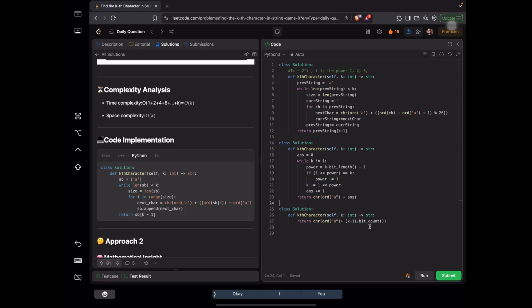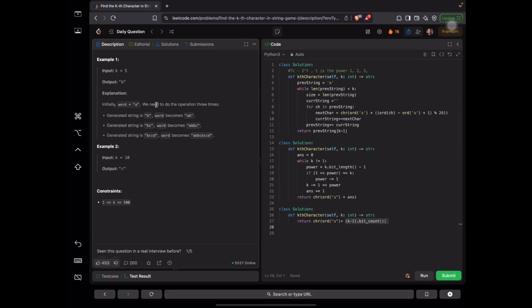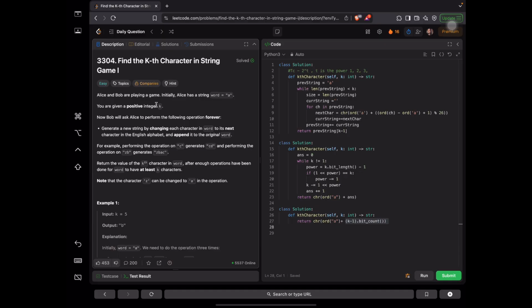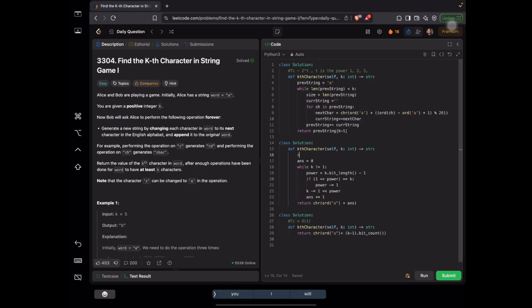I explained that at the end this will be the very optimal solution. We are just taking the bit count to generate the string. So this time complexity will be order of 1. The other time complexity will be log of k, as I told.